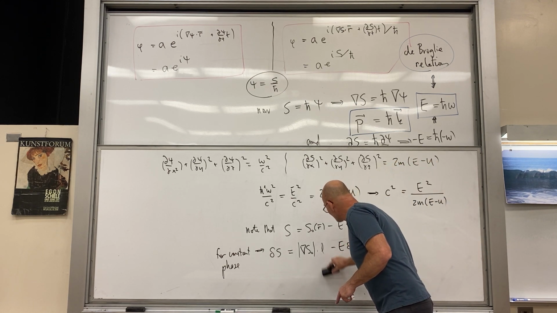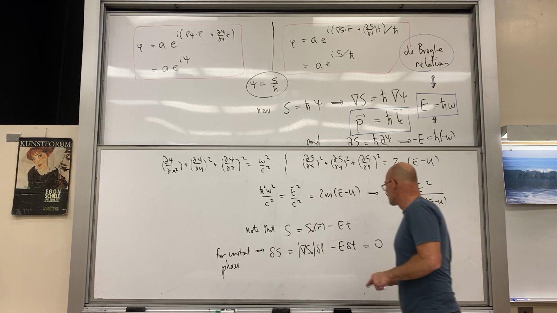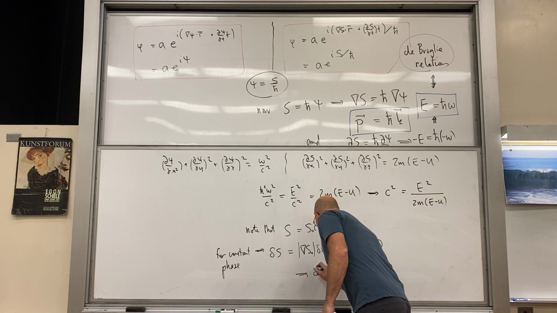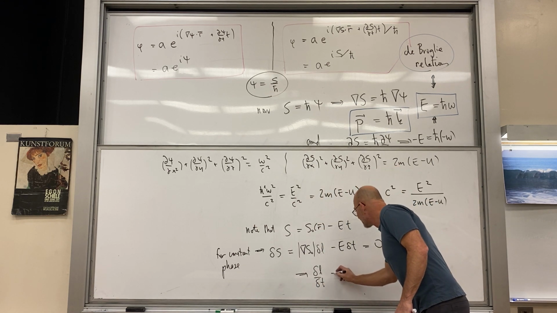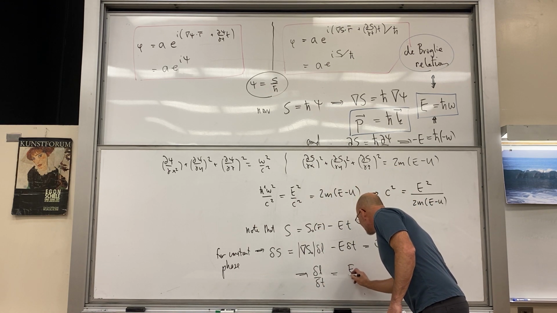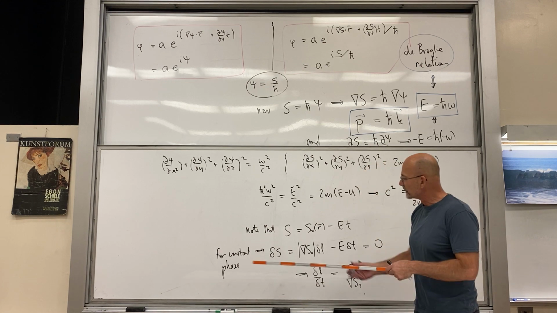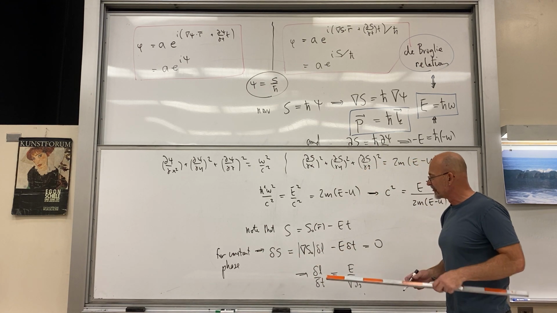So if that equals 0, then dl/dt is equal to E over the magnitude of the gradient of S naught. Okay, so that's for the propagation of surfaces of constant phase.